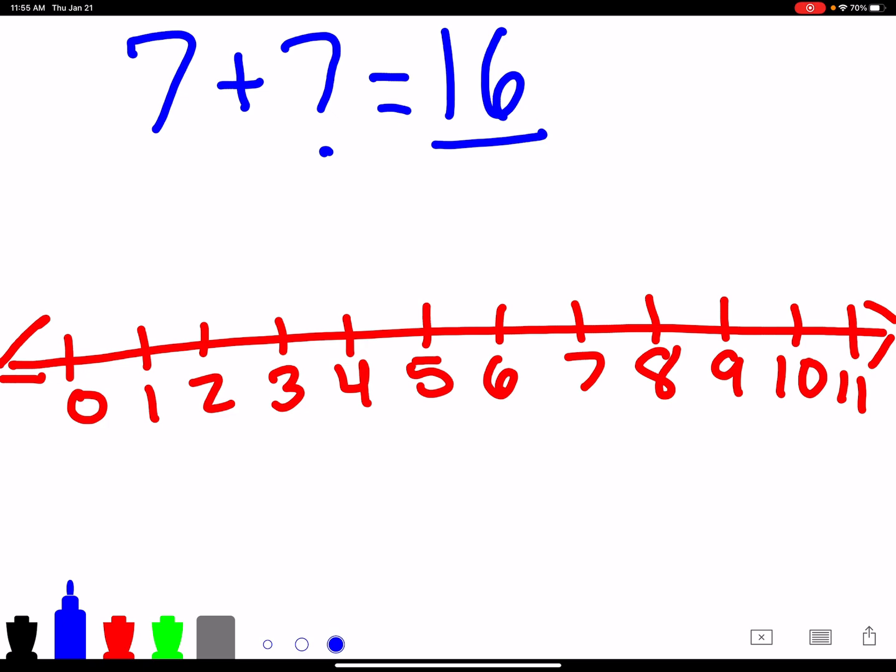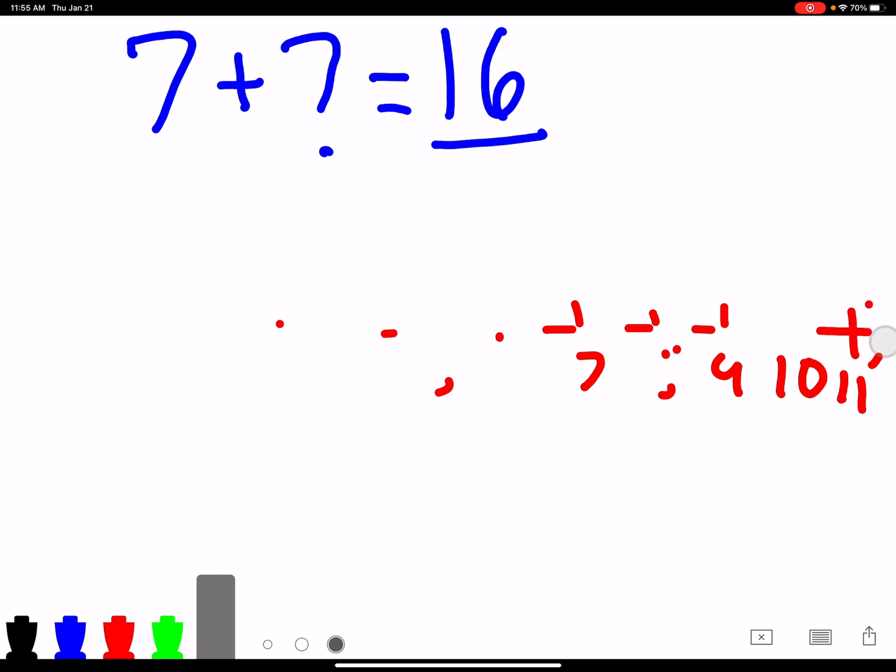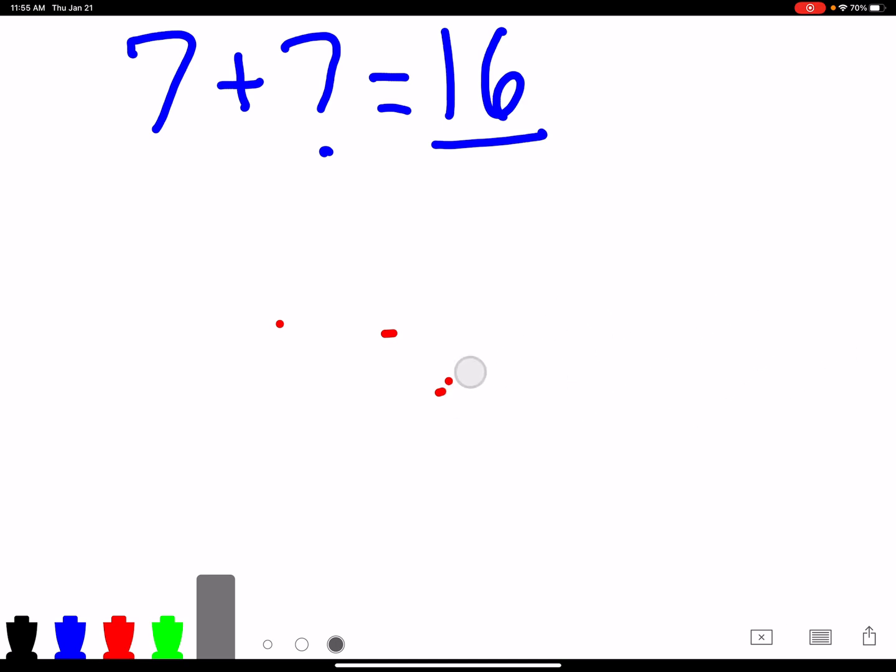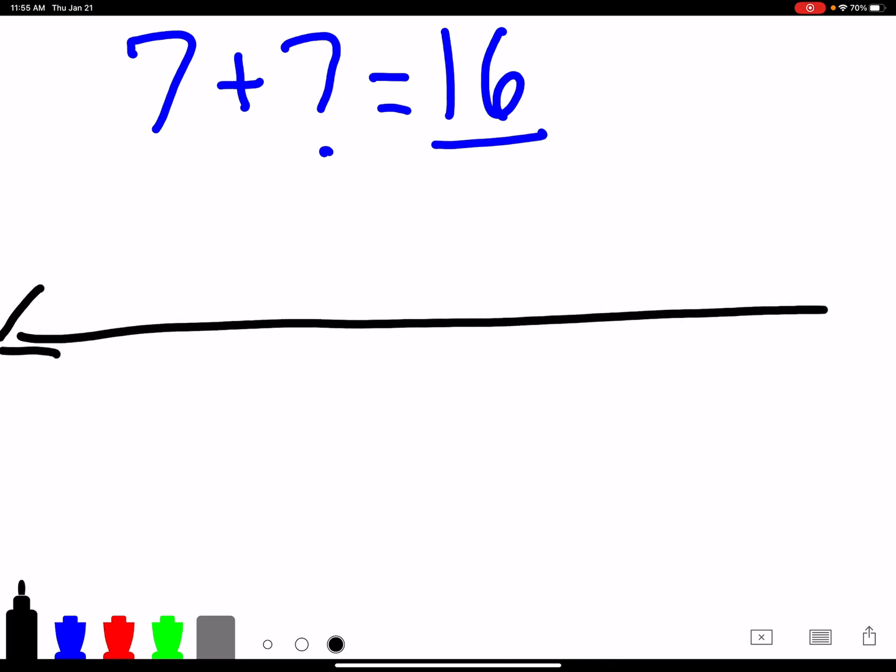Okay, and since my number line does not go up to 16, I'm going to make a new one. So I'm going to make my number line 7, 8, 9.